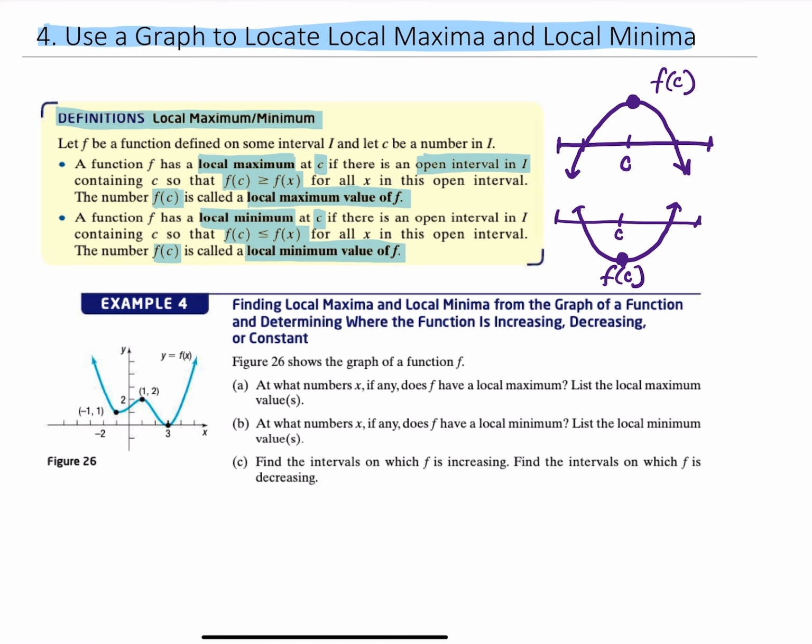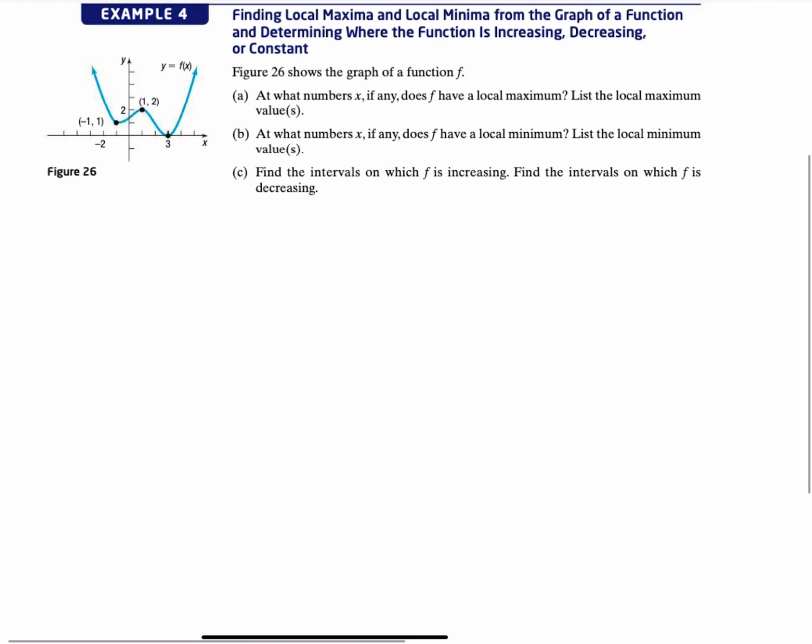So let's look at this example and look at a graph, determine some of these points. It asks us for part A, at what numbers x, if any, does f have a local maximum? And then it wants us to list the local maximum values.